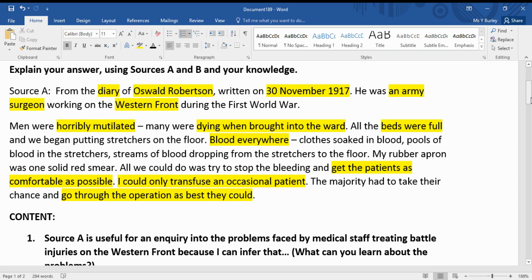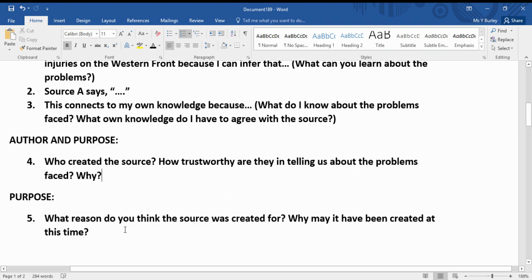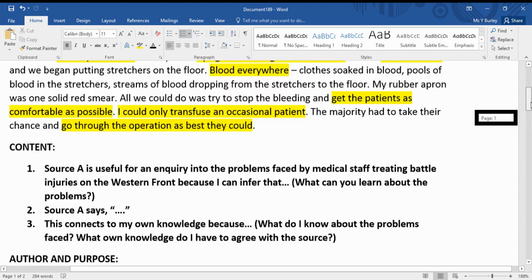Is it himself, or is it someone else? Once you've thought about that, you've got to say, the source is a diary, and it could have been created for... and then why has he created this diary at this time, and do we think therefore it's more trustworthy, more reliable, or less reliable, and why?